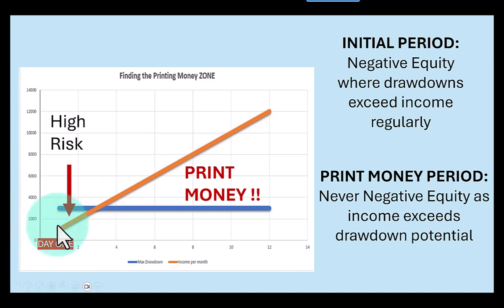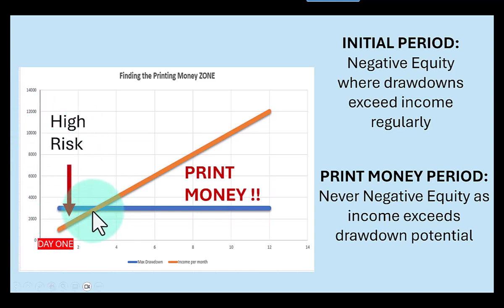So there's your highest risk. And while you're in this high risk zone, while you're starting to build up your earnings, up to the point where your earnings are over the maximum drawdown limit, you are in a high risk zone.